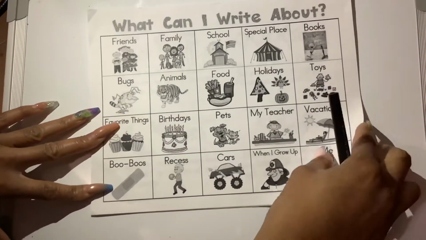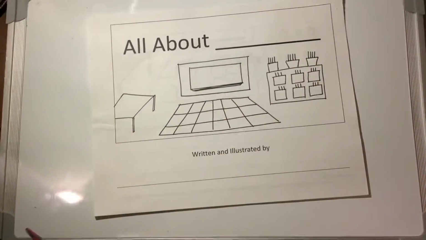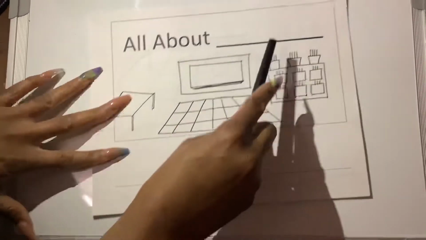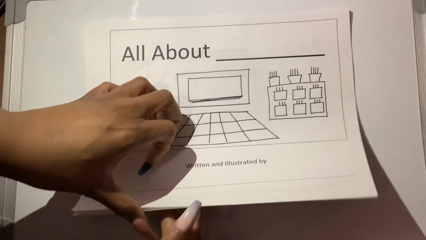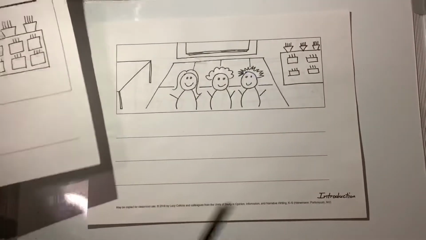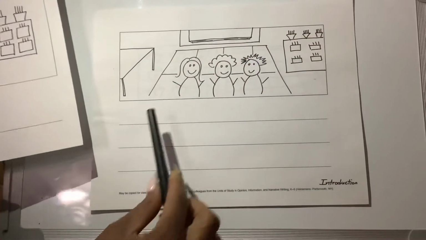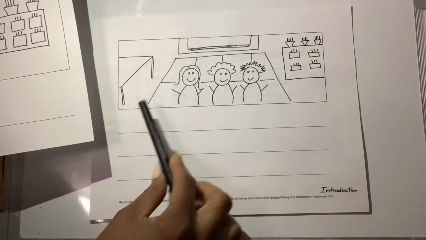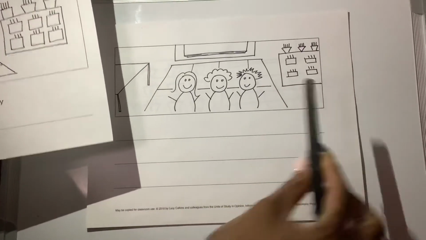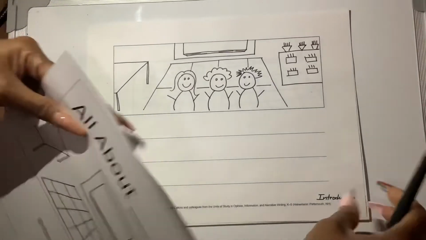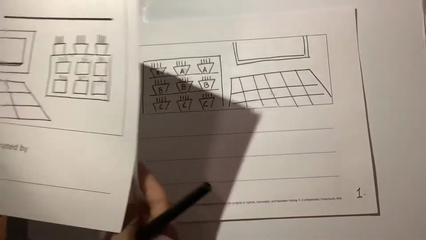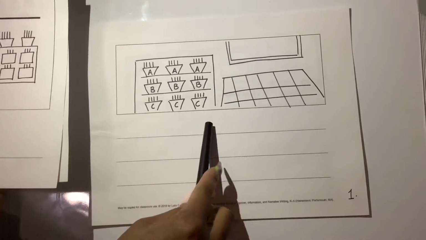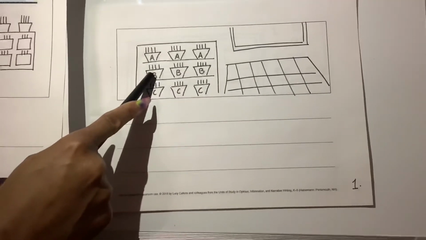Okay, so let's review our book one last time. All about the classroom. Then for my introduction, I'm going to say, I will teach you all about the classroom. On page 1, look at my picture, library.